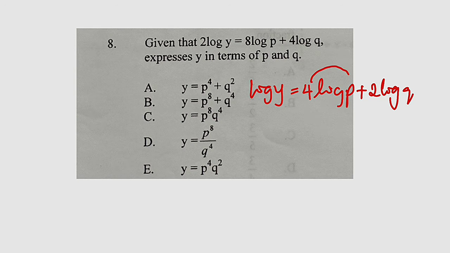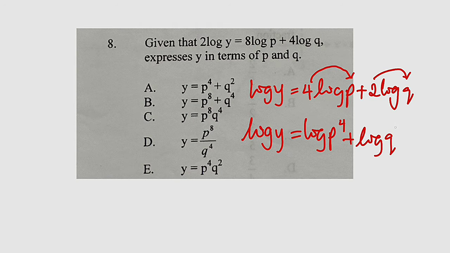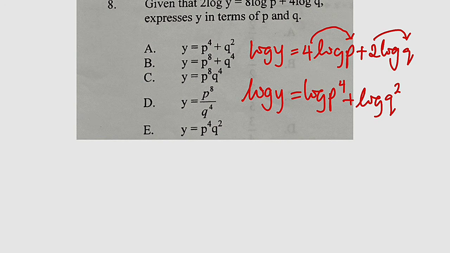Then these numbers can serve as powers of these arguments according to one of the laws of logarithm. So we have log of y equal to log of p raised to the power of 4 plus log of q raised to the power of 2. Then since we have common bases to these logs, they are all in base 10, you can assign a single log and multiply the arguments according to one of the laws of logarithm.